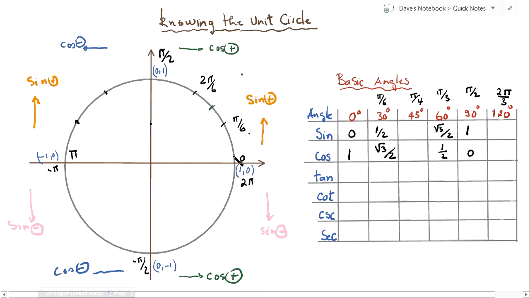So we got here pi divided by 4, 2 pi divided by 4 is also pi divided by 2. Then we got 4 pi over 4 here, which is pi again. So this is going to be pi divided by 4, for example.